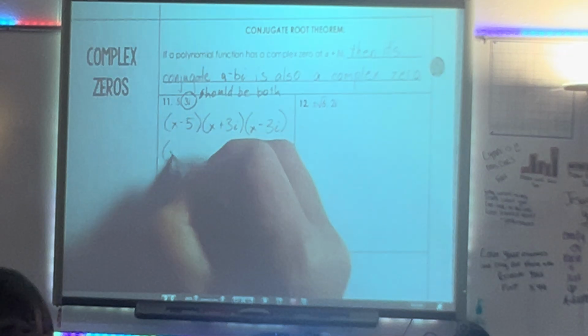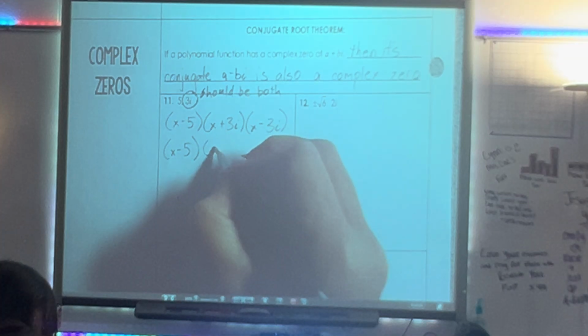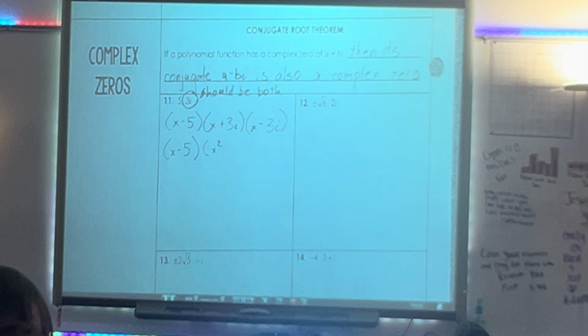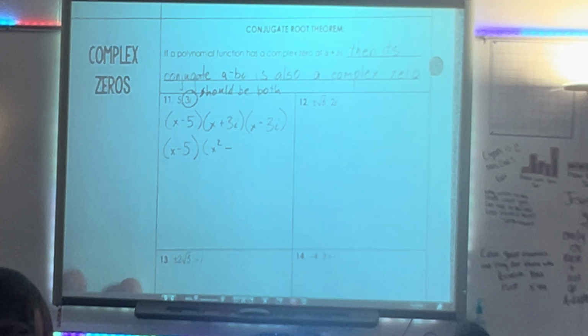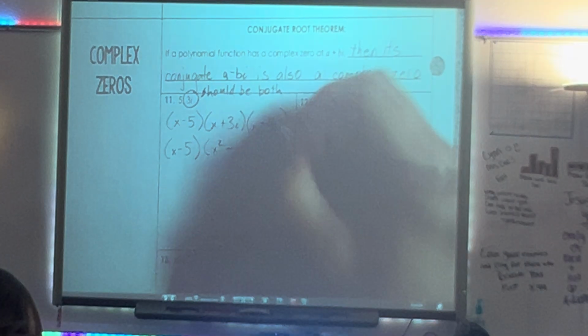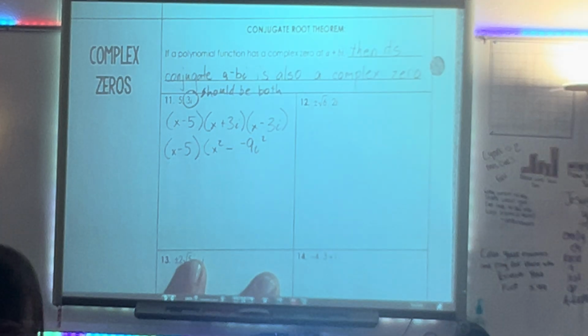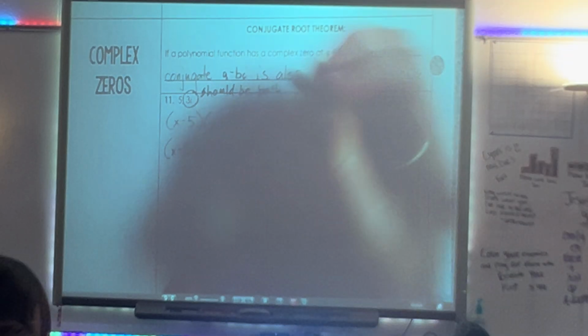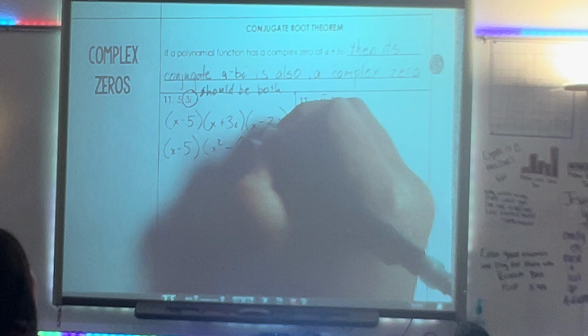So then I would have x minus 5, and then when I FOIL that out, my positive 3i and my negative 3i are going to cancel, and then the 3i times the 3i would give you minus 9i squared.